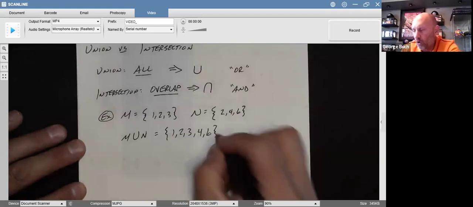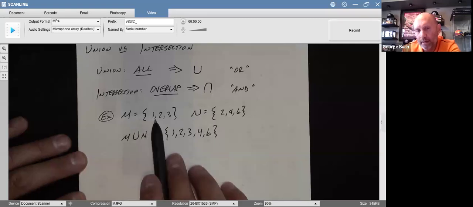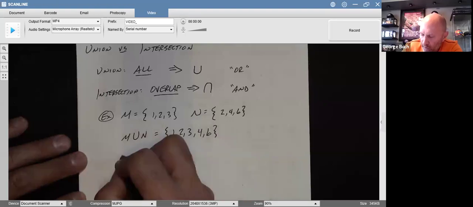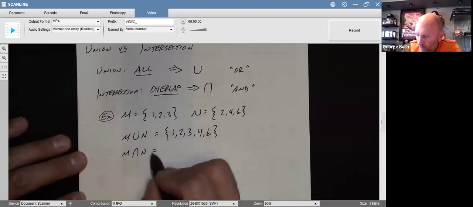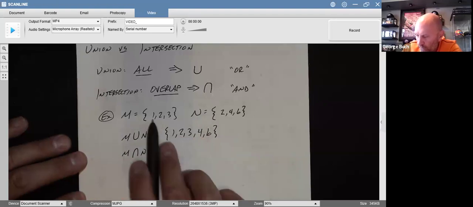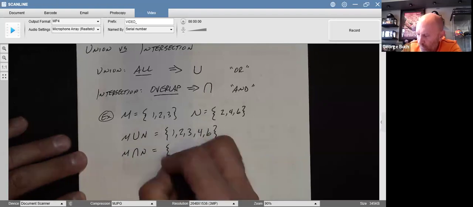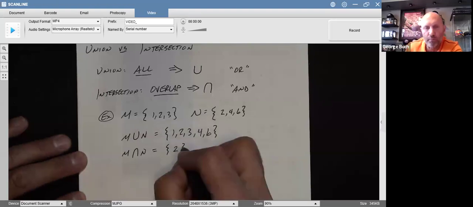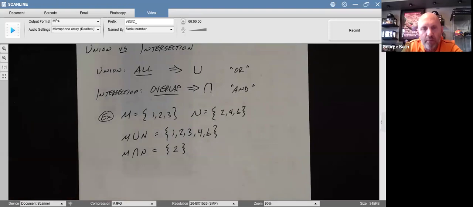So again, it's all the numbers because of union in M or N. But if I want M intersect N, it has to be in both. So do I have a 1 in both? No, I do not. Do I have a 2 in both? Yes, I do. Do I have a 3 in both? No, I do not. So the only value that's in both is 2. So M intersect N is just the value 2.